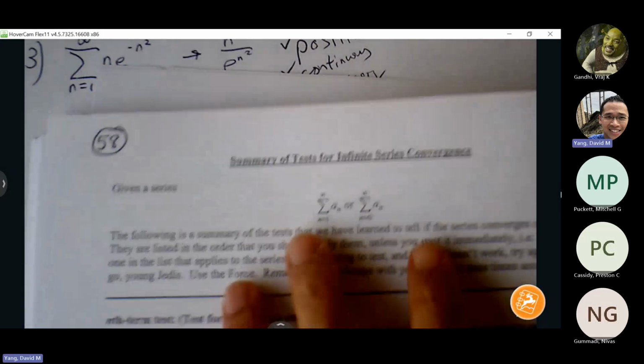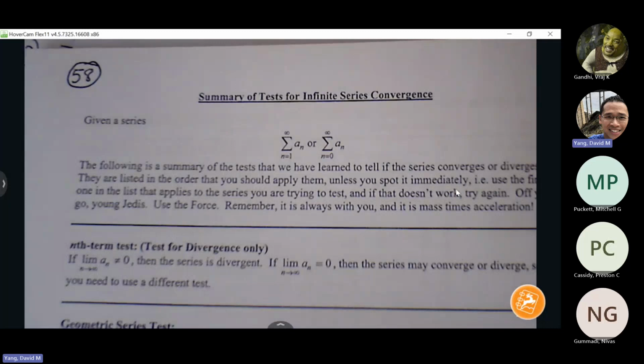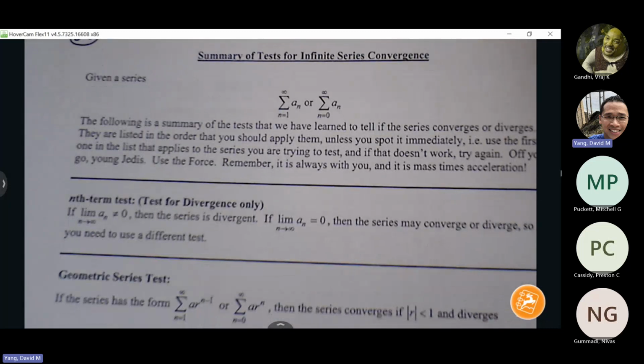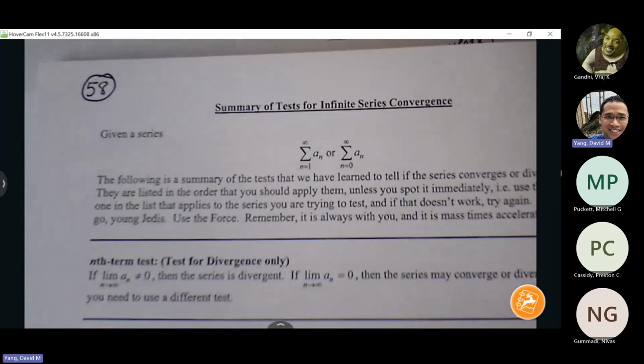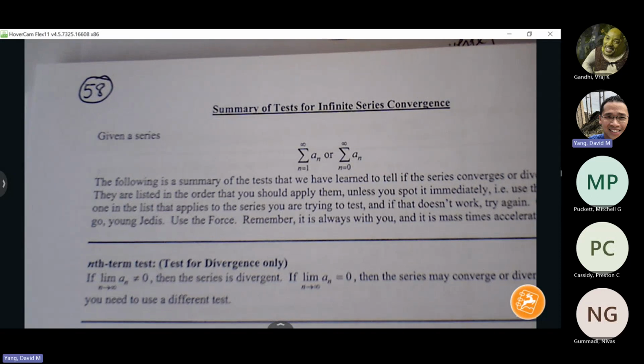On page 58, we have the summary of all the infinite series. We can go through these just to make sure that we're okay with each of these tests. So it's in your 10.1 and 10.6 packet here.